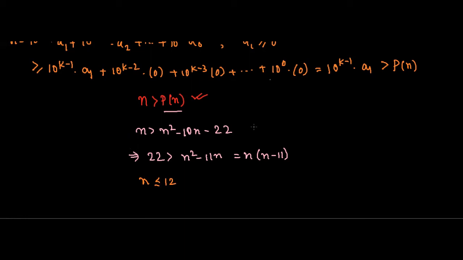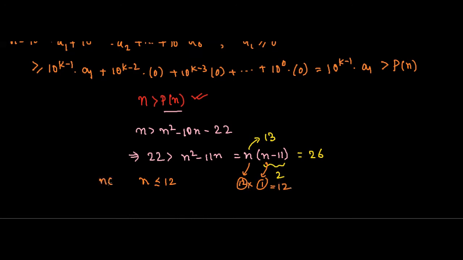If we take n equals 13, then n minus 11 becomes 2, and 13 into 2 becomes 26, and 22 is not greater than 26. This is only true for n less than or equal to 12. And if I take n equal to 12, then n minus 11 becomes 1 and n becomes 12. So 12 into 1 becomes 12.